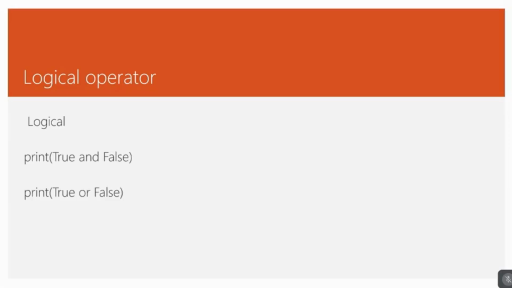You have seen these things before in if-else conditions. So if your age is greater than 18 for voting, it's true. And if your age is not greater than 18, it's false. It depends on the statements. Either it's true or it's false.